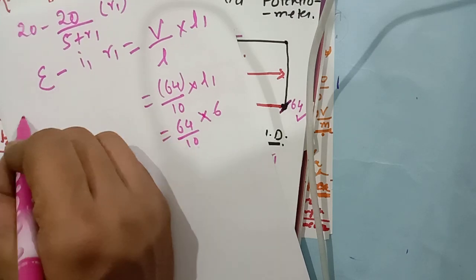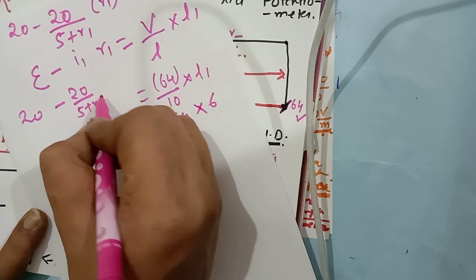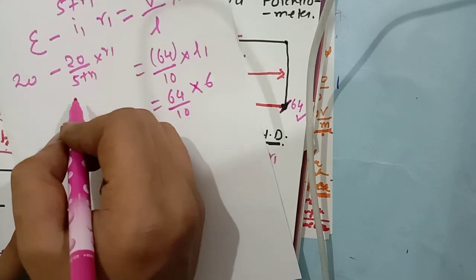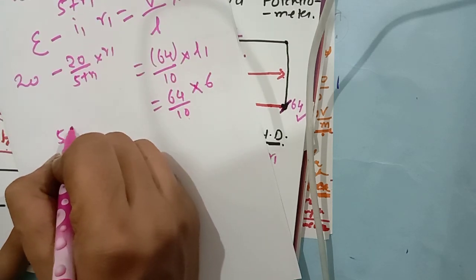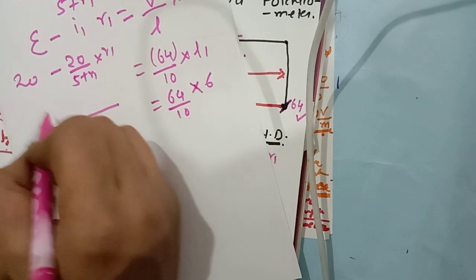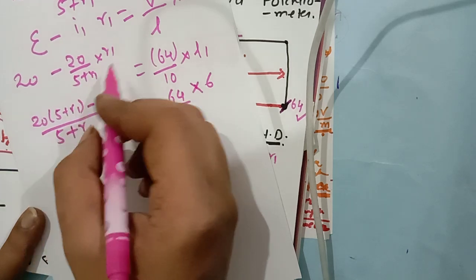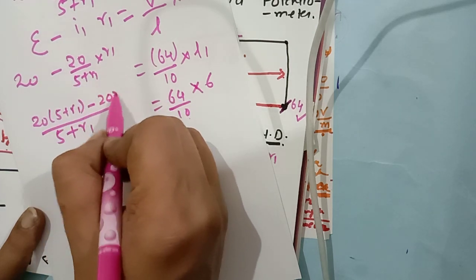Okay, what is E? 20 minus I1 R1. 20 by 5 plus R1 into R1, right? So take the LCM. So 20 into 5 plus R1 minus 20 R1, right?